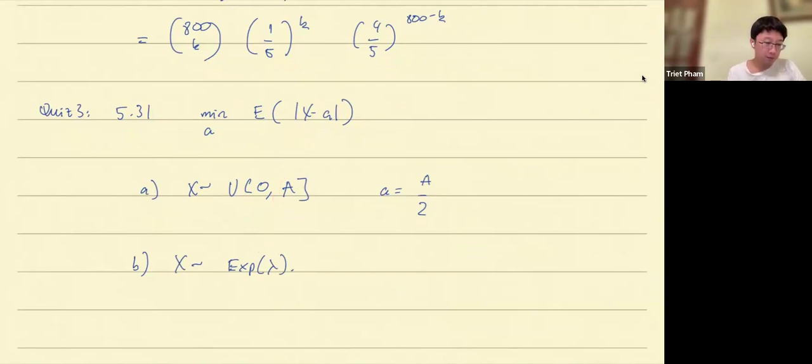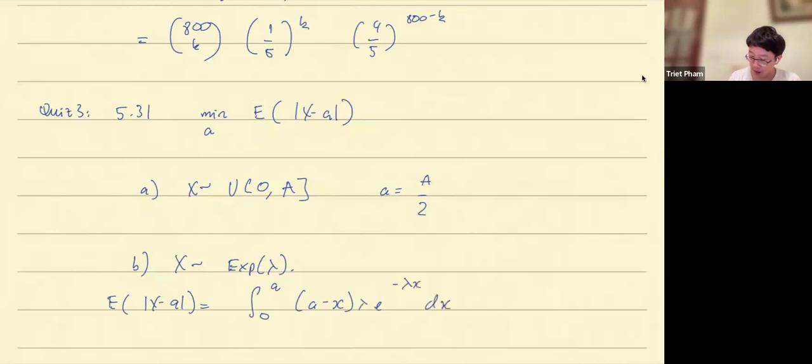Well, what to do? The first thing is, of course, to write down this expression. So the expectation of |X minus a| will be the integral from 0 to a: if X is less than a, the absolute value is a minus x, times lambda e to the minus lambda x.